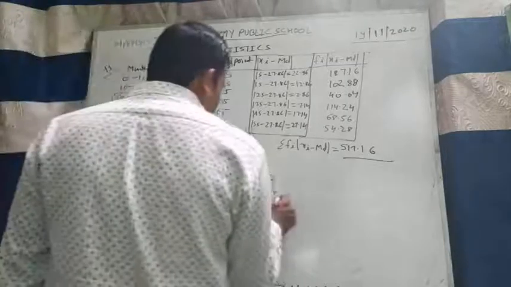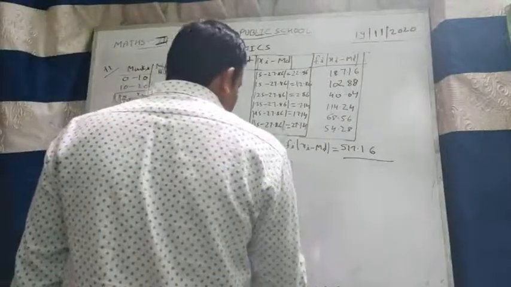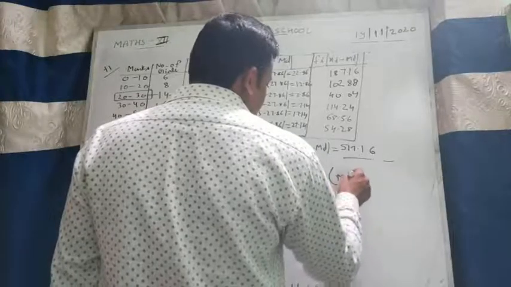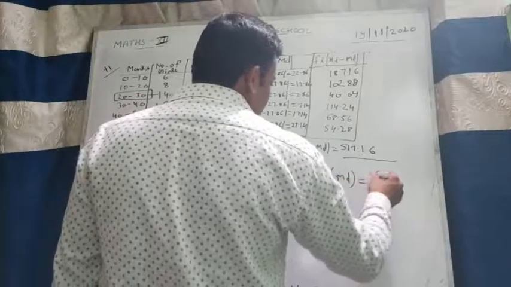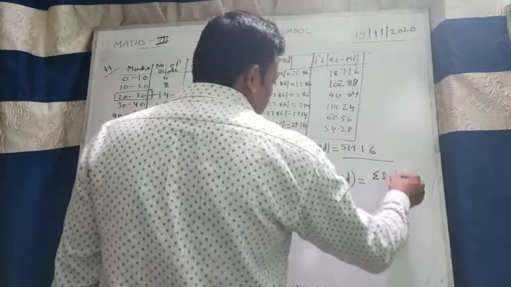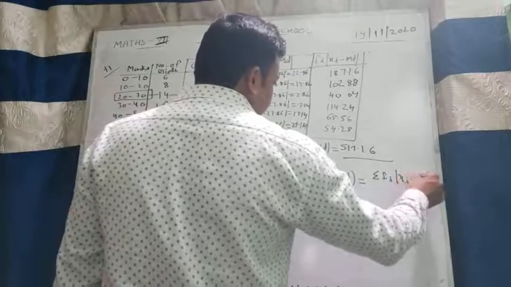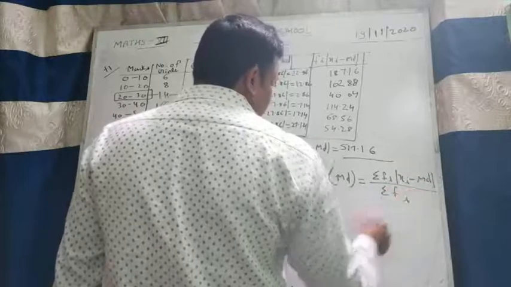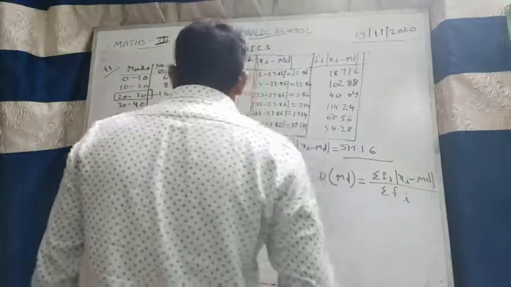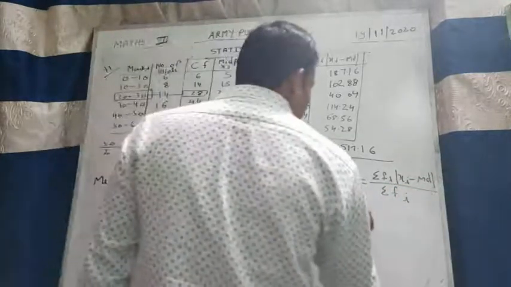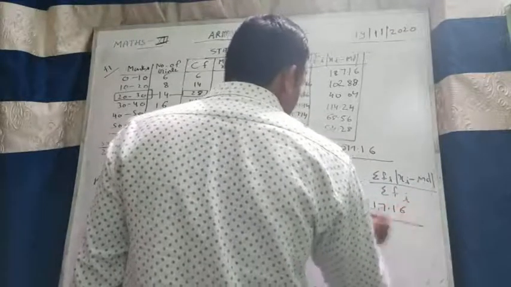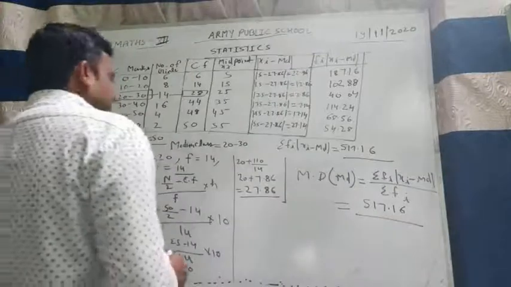Now our median is this, and we have to find out mean deviation with the help of median. So we know the formula: summation Fi modulus xi minus median by summation Fi. So summation Fi modulus xi minus median is 517.16 and summation Fi is 50.